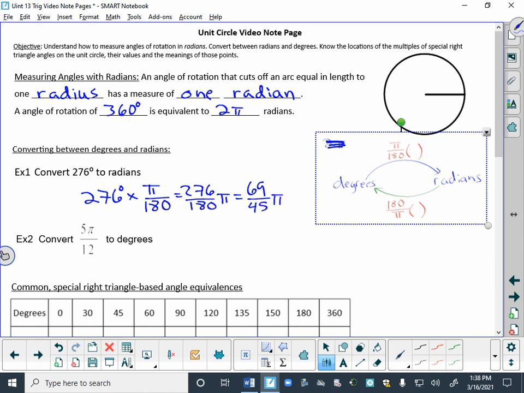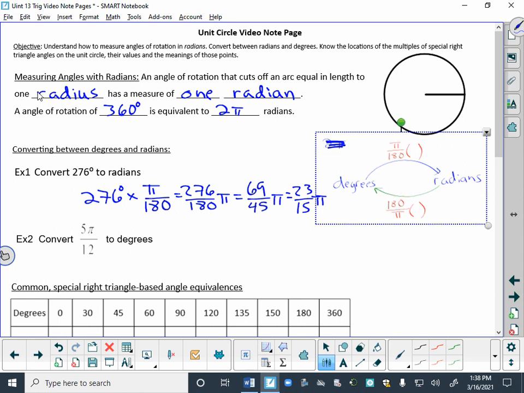So this would be 69 pi over 45. And those are both divisible by 3, so I can reduce that even a little bit further. Dividing that by 3, I get 23 pi over 15. Okay, that is what that one would be in radians.